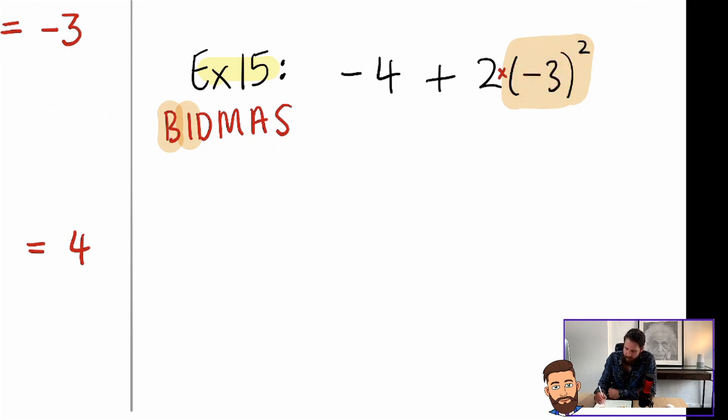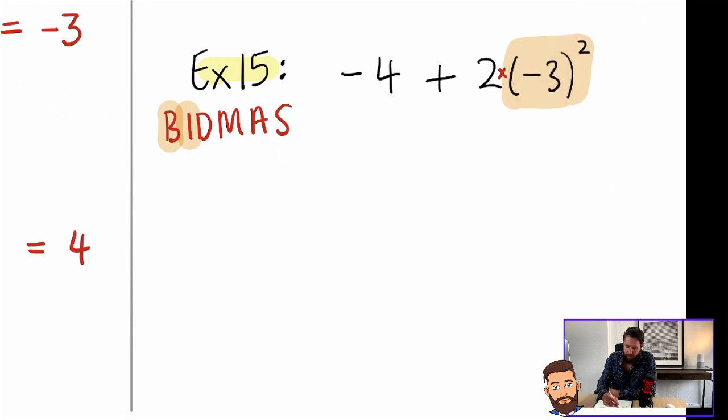We do not do 2 times minus 3 and then square it. That is the mistake that a lot of students make. So many, actually. Probably the most common mistake you'd see in this question is they would do 2 times minus 3 and then they would square it. But we need to square the minus 3 first.